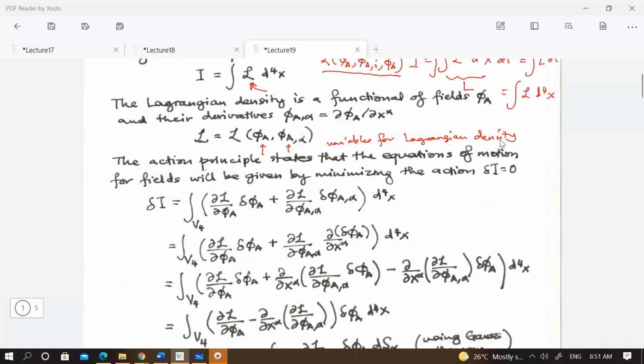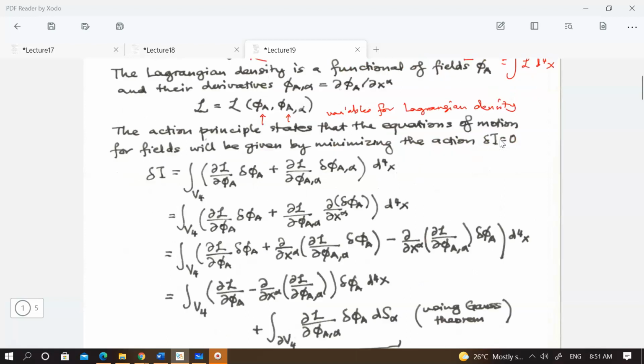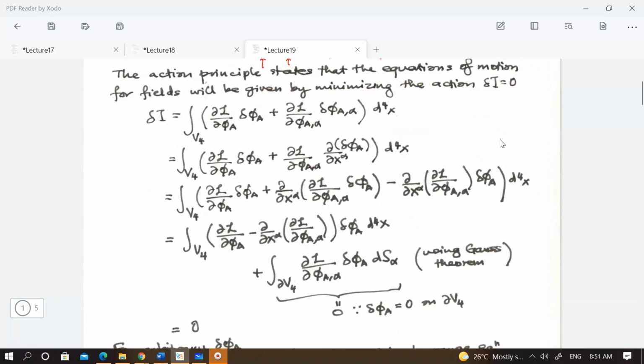And again, what do we do in this particular case is try to make this whole expression have a common factor so that you can bring it outside.